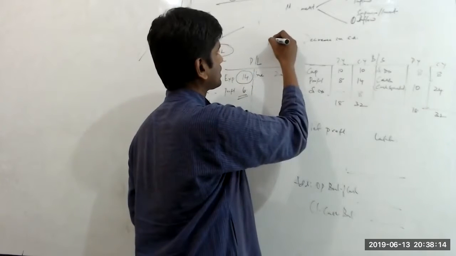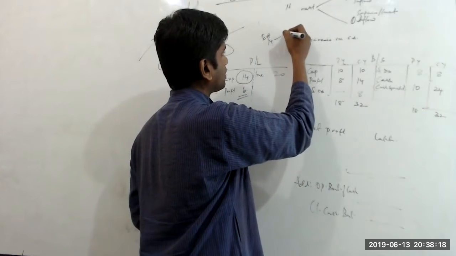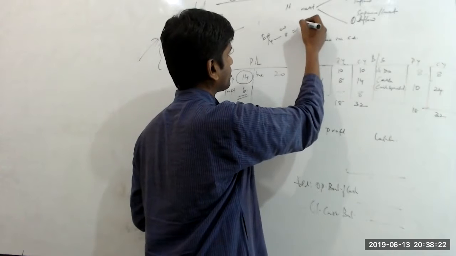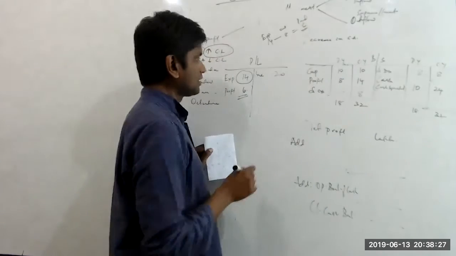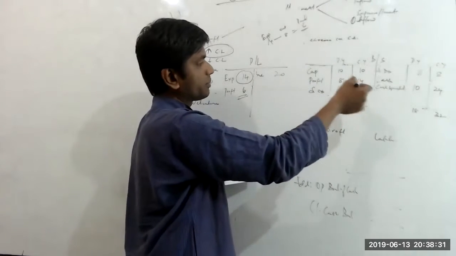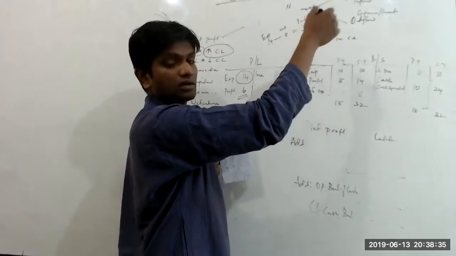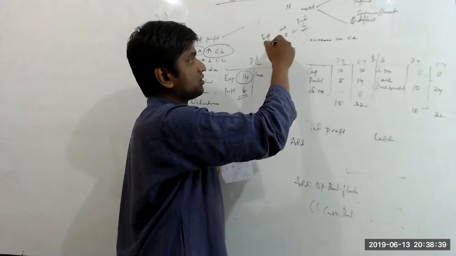Expenses is 14, but this outstanding is 8, which means what I paid is only 6 lakhs, right? So out of 14 lakhs, I have paid only 6 lakhs, and therefore my outstanding is 8 lakhs, which means the cash has not actually gone outside.